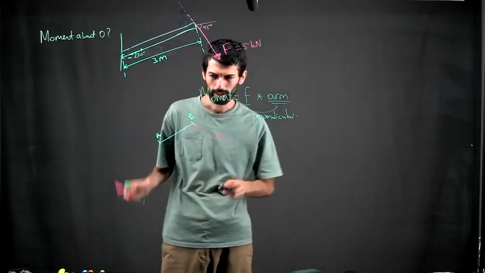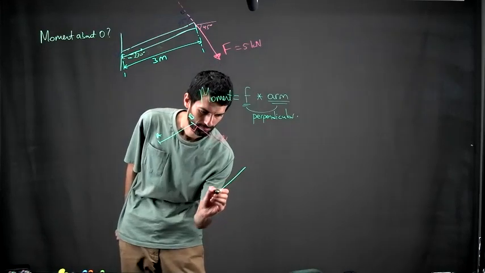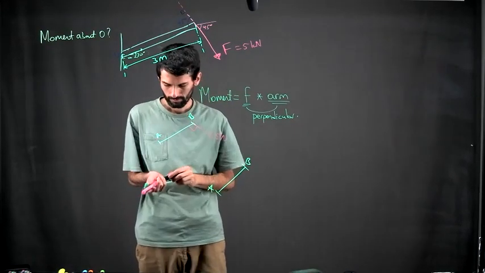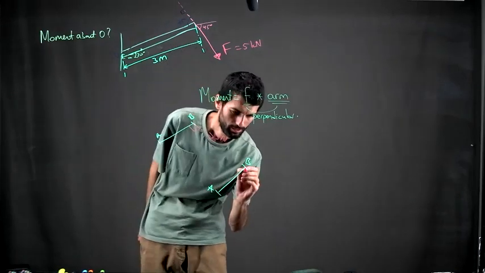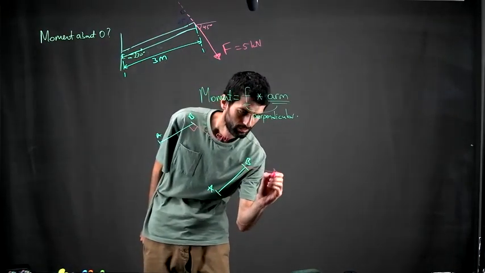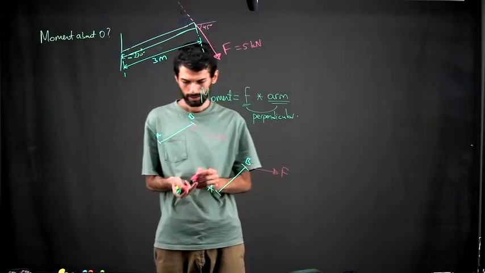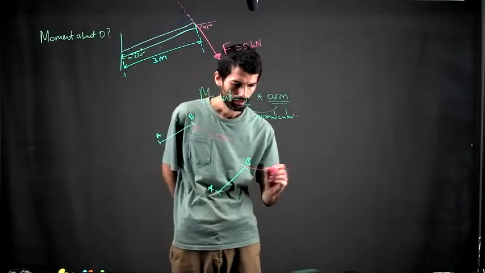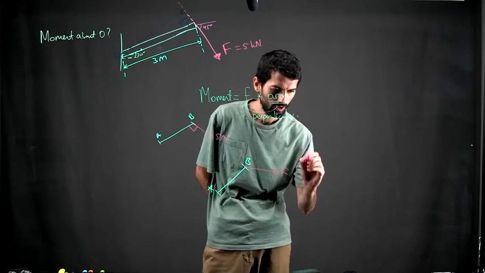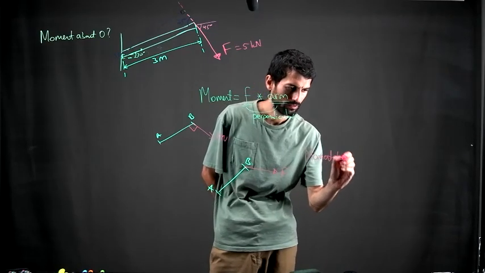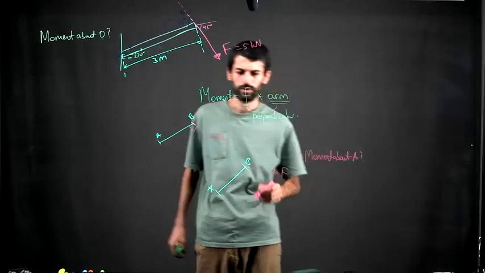So we have a length of AB and the force goes this way. Okay, that's the force. Then let's say that the question asks, what is the moment about A? Okay, that's the question.